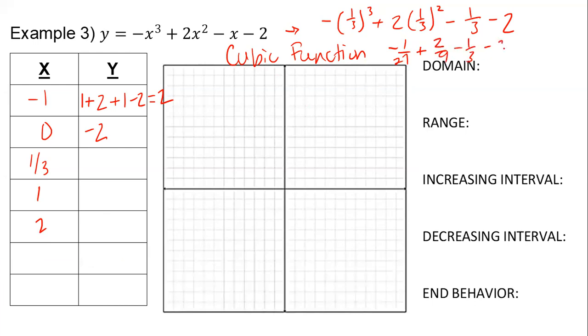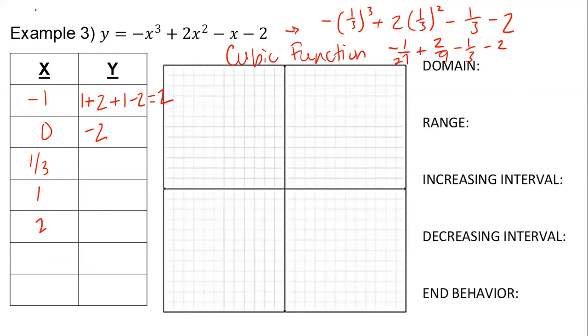Minus 1/3 minus 2. What has to be true to add and subtract fractions? The denominator has to be the same for all of them. So if I look right here, my least common denominator for all these would be 27. Agreed? I'm going to do it over here.